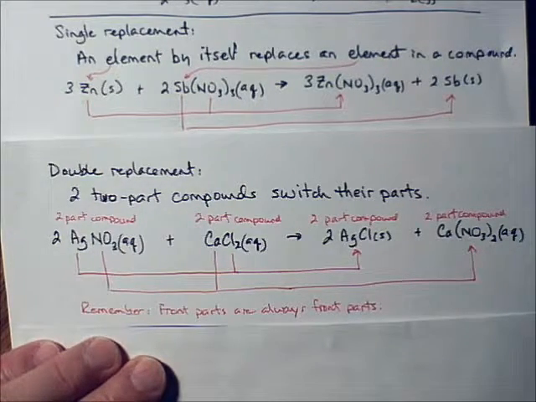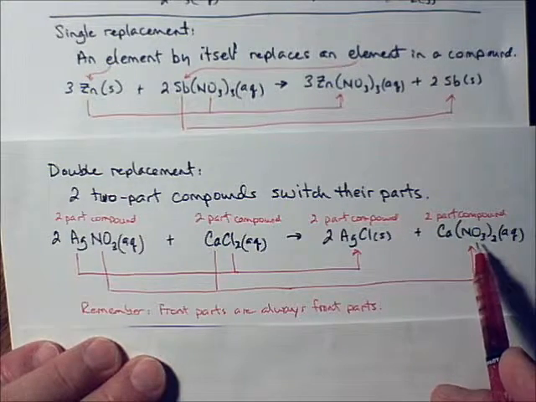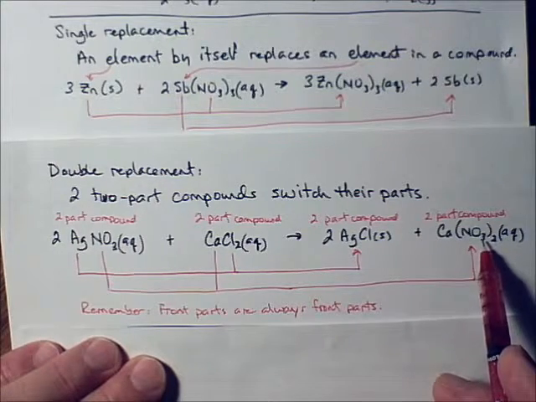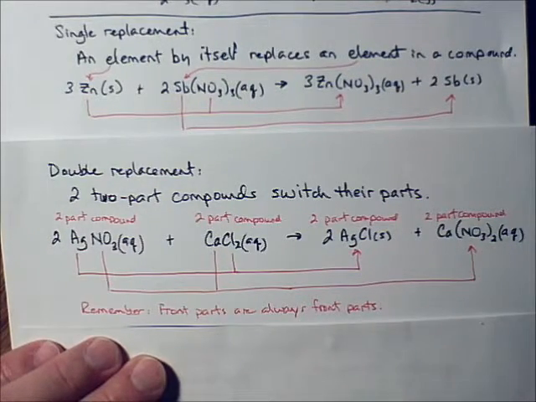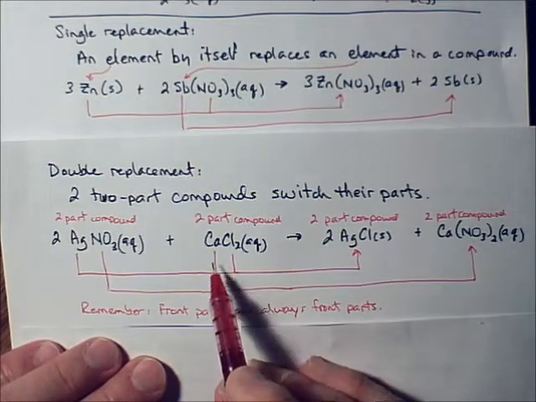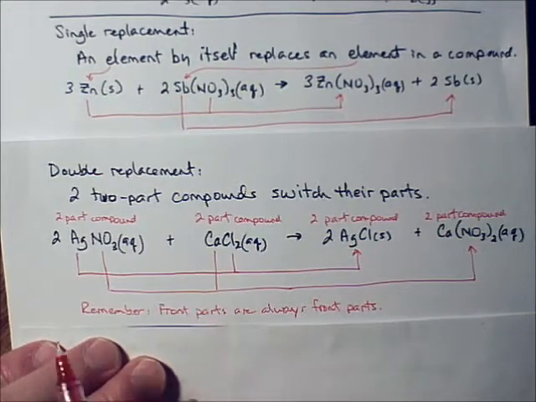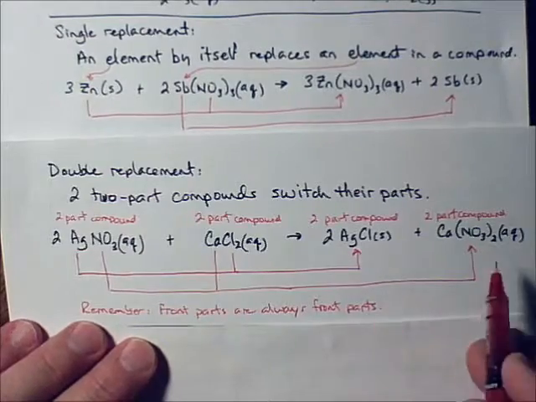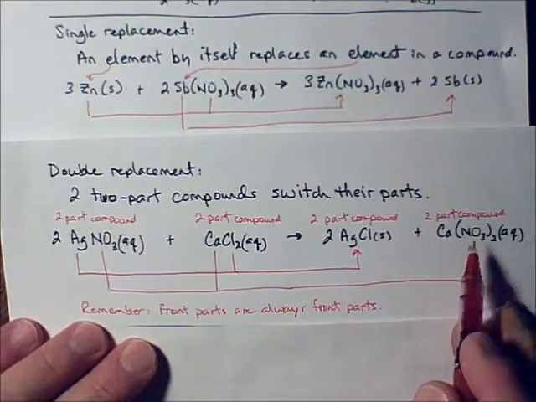So nothing goes with potassium? Nothing goes with the calcium? Yeah, nitrate goes with the calcium. See, calcium and nitrate? This is double replacement. The front part of each compound goes with the back part of the other one. How come the NO3 is after the calcium then?